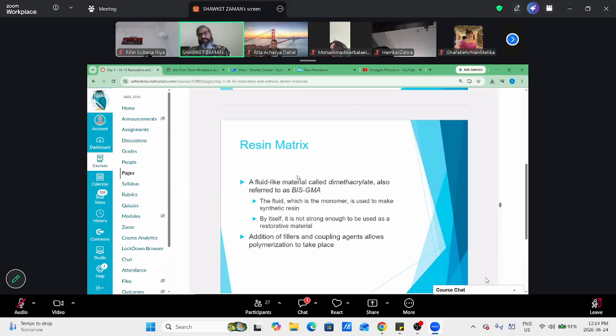It is the resin material which is used in the plastic industry. But this material itself is not enough to apply to tooth structures as a filling material. The reason is it is very viscous and not strong enough to withstand masticatory stress. It is a fluid monomer used to make a synthetic resin.